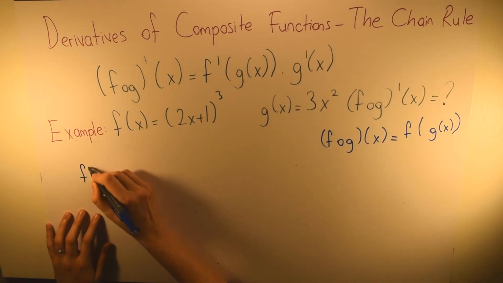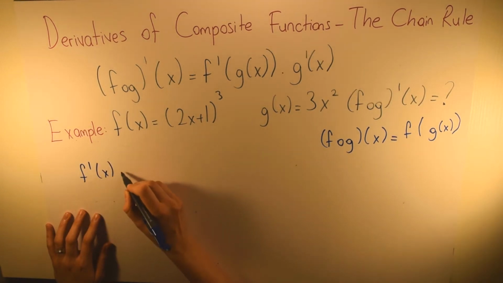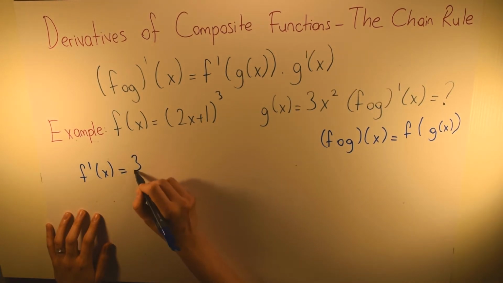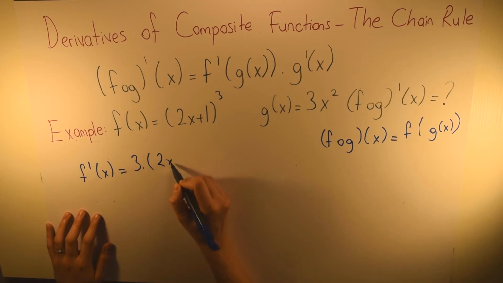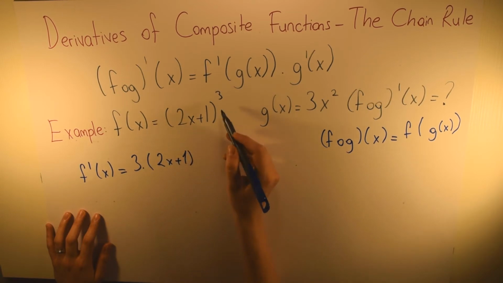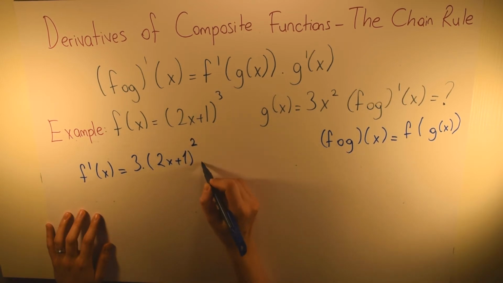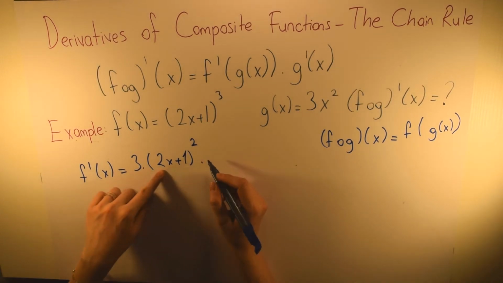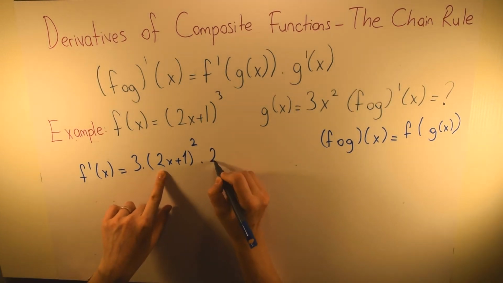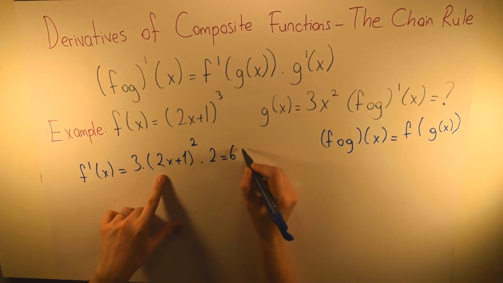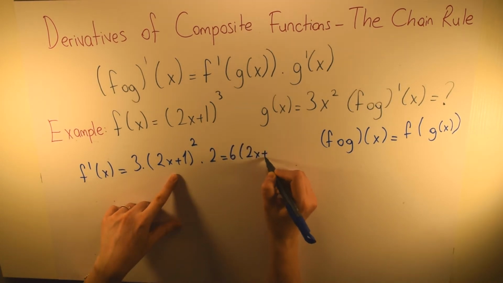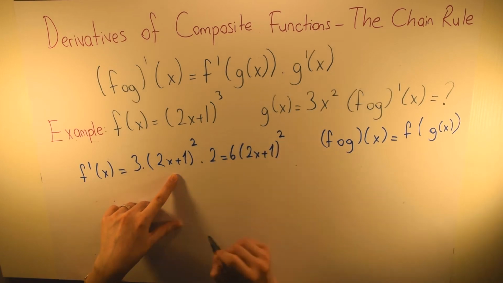The derivative of f of x is 3 times the inside of the parentheses, which stays as it is, to the power of 3 minus 1, which is 2, times the derivative of the inside of the parenthesis, which is 2. So this is 3 times 2, which is 6, times (2x plus 1) squared.